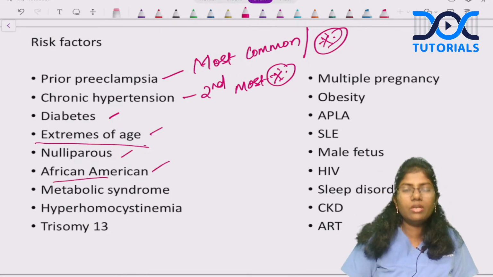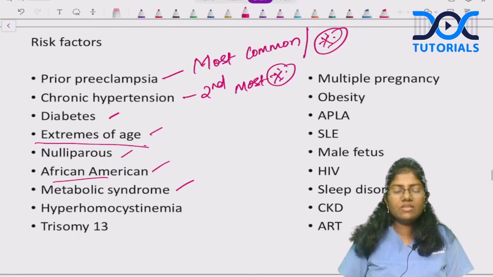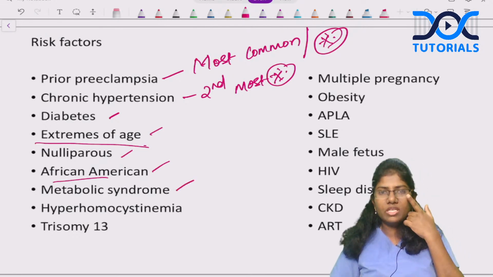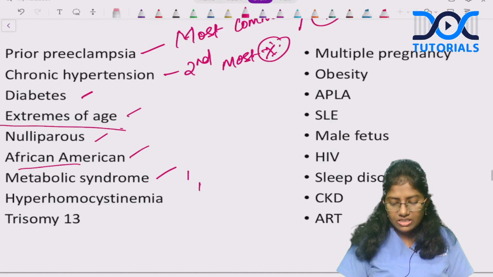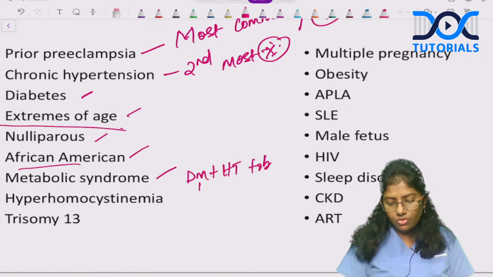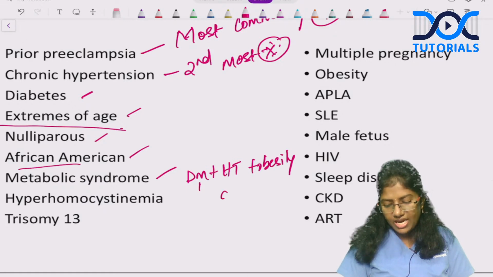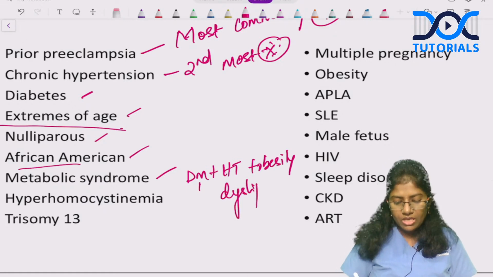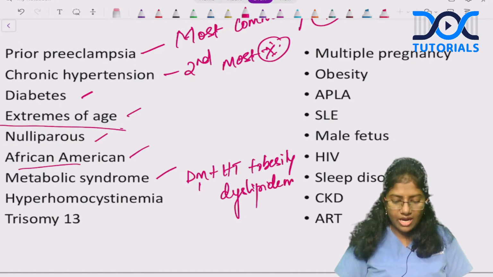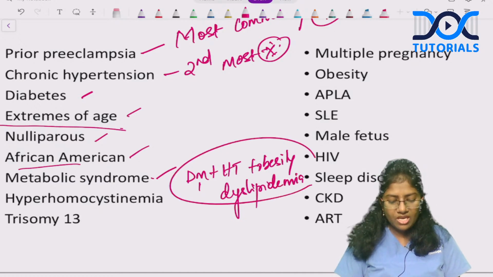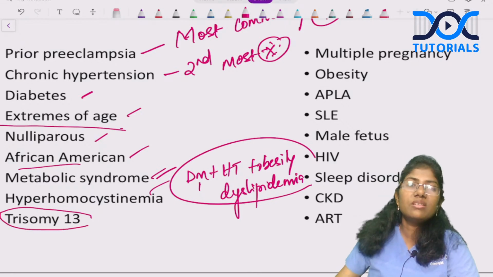African American women are at risk for preeclampsia. Metabolic syndrome, so I hope you all know what is metabolic syndrome: diabetes, hypertension, obesity and dyslipidemia. Metabolic syndrome is a risk factor, hyperhomocysteinemia is a risk factor, and surprisingly trisomy 13 is a risk factor.